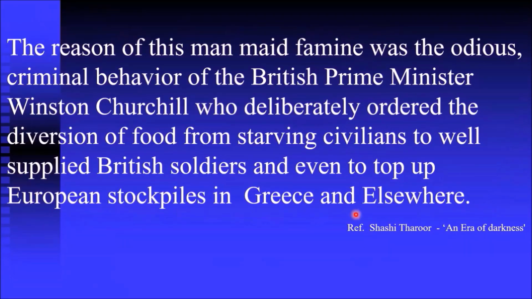This is a statement which I have extracted from the book An Era of Darkness, written by Mr. Shashi Tharoor, where he affirms that the reason for this man-made famine, here Mr. Shashi Tharoor refers to the second Bengal famine, was the odious criminal behavior of the British Prime Minister Winston Churchill, who deliberately ordered the diversion of food from starving civilians to well-supplied British soldiers, and even to top up the European stockpiles in Greece and elsewhere.